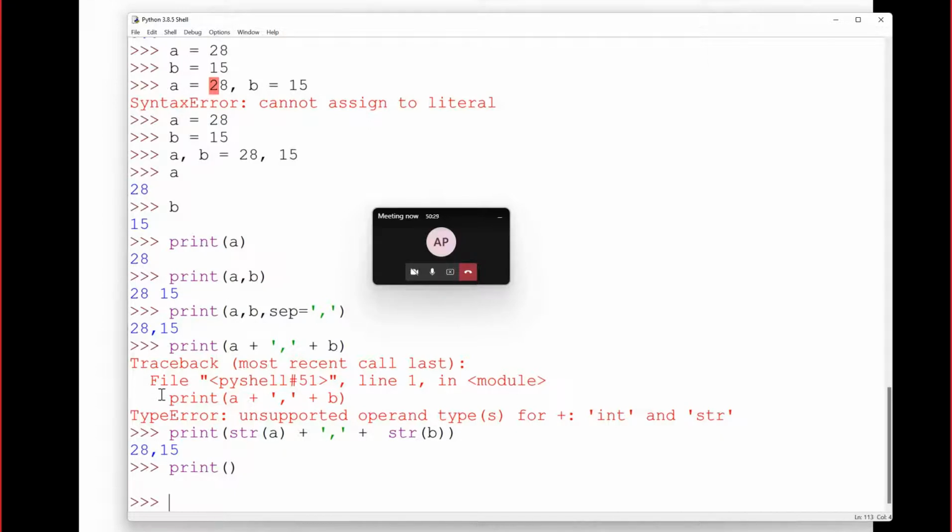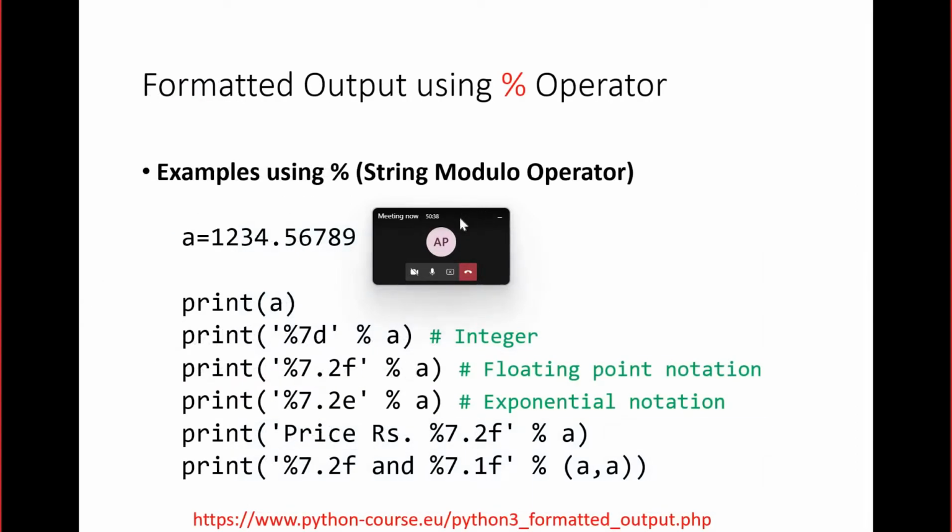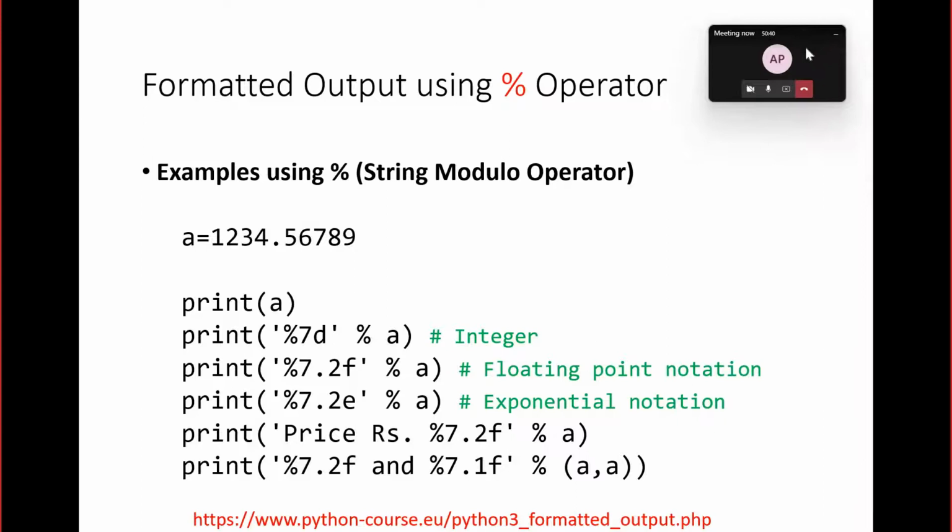Right, so that's about simple outputs. The second one is, for example here, in mathematics, we have formatted output using the percentage operator. And then there are some things that we need to know when you are displaying a number.